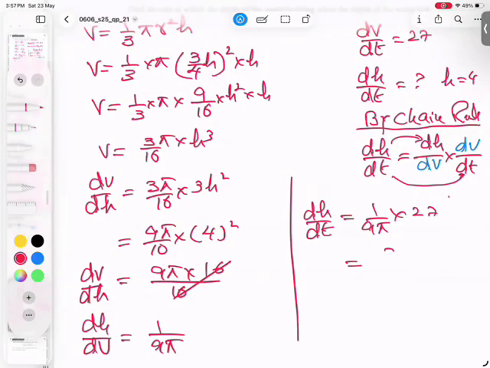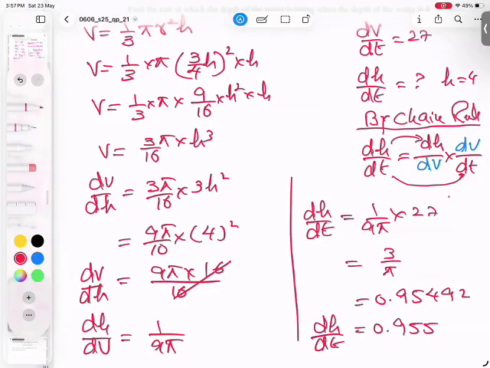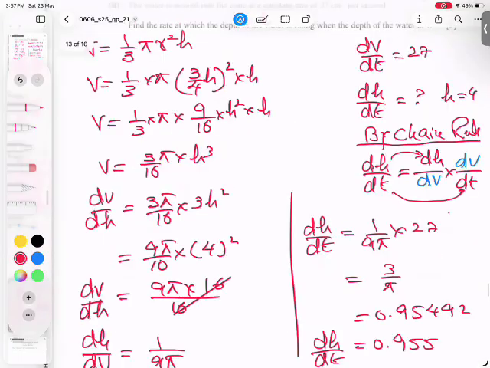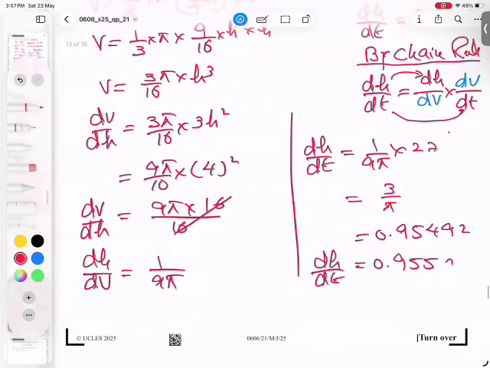So I'm getting here 3 over pi. And 3 over pi, if I type in the calculator, students, 3 divided by pi, my answer is 0.954929. And when we write 3 significant figures, it becomes 0.955. So we write here the unit, let me check, yes, centimeter per second.